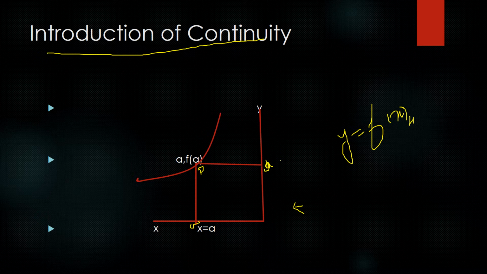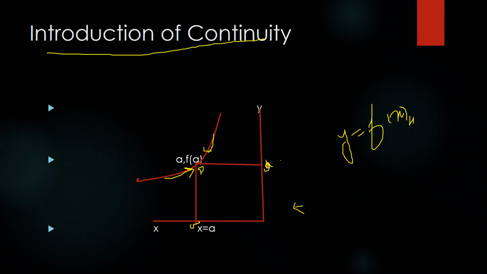Now what happens if the limiting value from the left hand side, meaning from this side, and the limiting value from the right hand side tend to f(a)? Here the left hand limit LHL is equal to RHL.